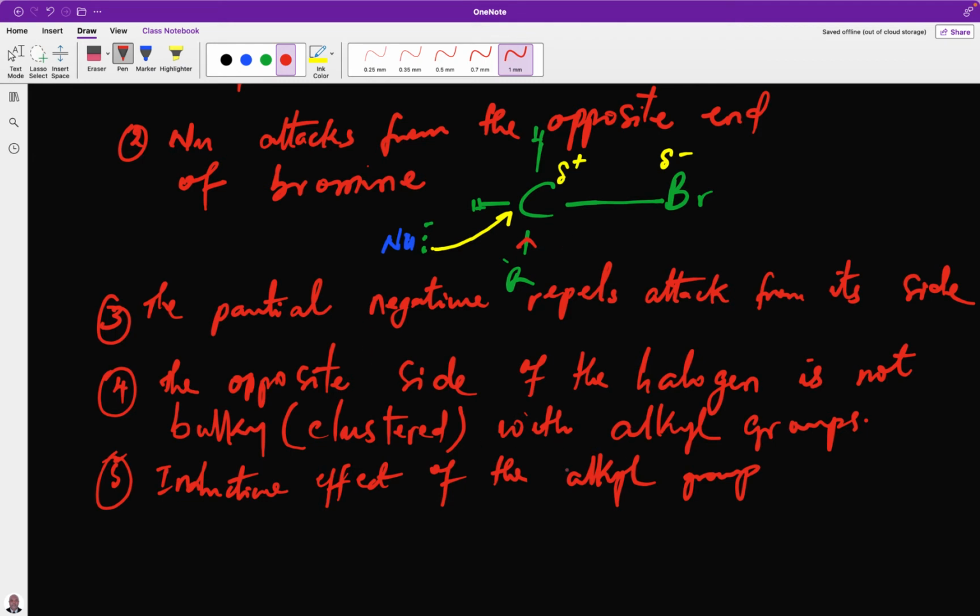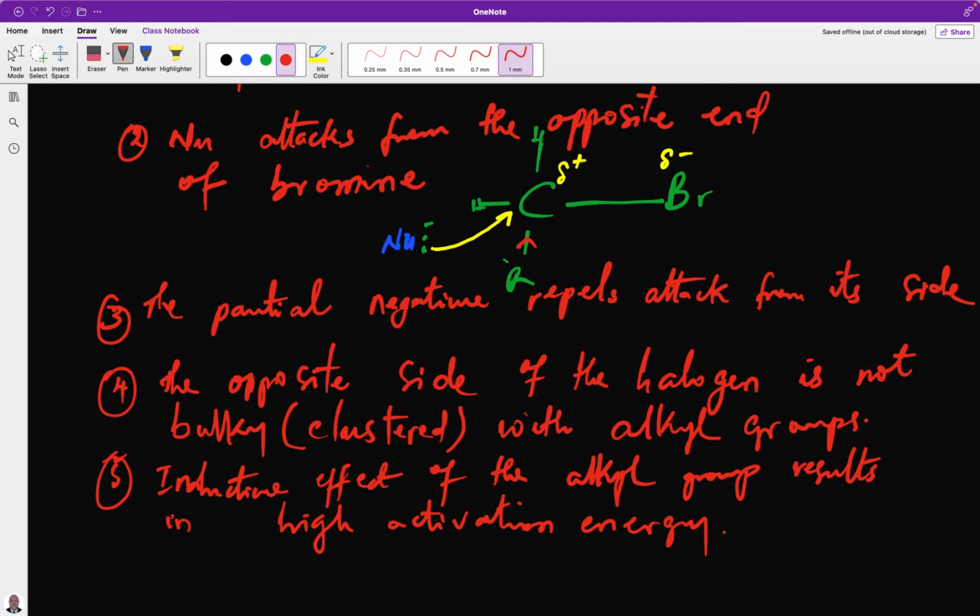So, let me just summarize, the inductive effect of the alkyl group results in high activation energy.